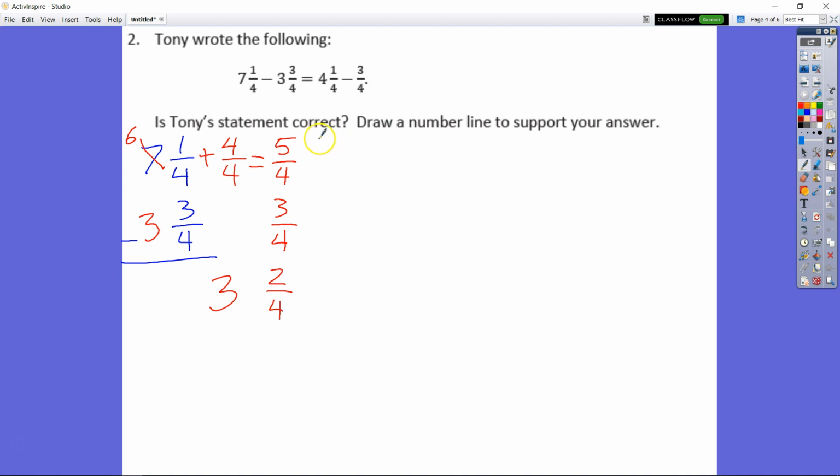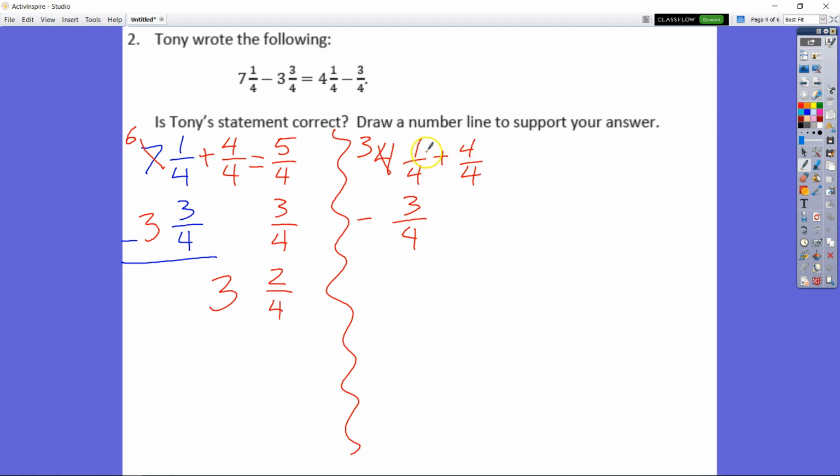So let's see if that's equal to 4 and 1/4 minus 3/4. Same thing. I have 3. Then we have this is equal to 4/4. Remember the one that I regrouped, I'm adding to my fraction because I cannot say 1/4 minus 3/4. So I had to take 4/4. Now I have 5/4 minus 3/4.